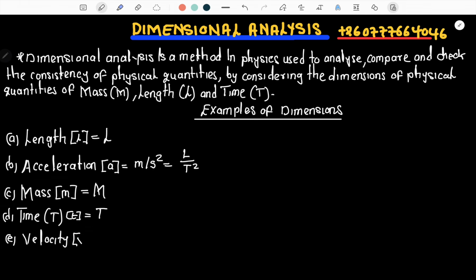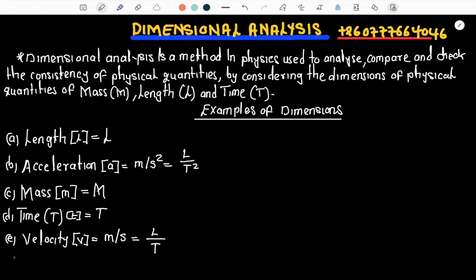Velocity represented by V. Remember, same as acceleration, we can generate its dimensions because we know that velocity is simply meters per second. Then the meter is simply a measurement of length, so we're going to put our L over the second, which is a measurement of the period or T. So we are going to put our capital letter T in the denominator, and that becomes the dimensions of velocity.